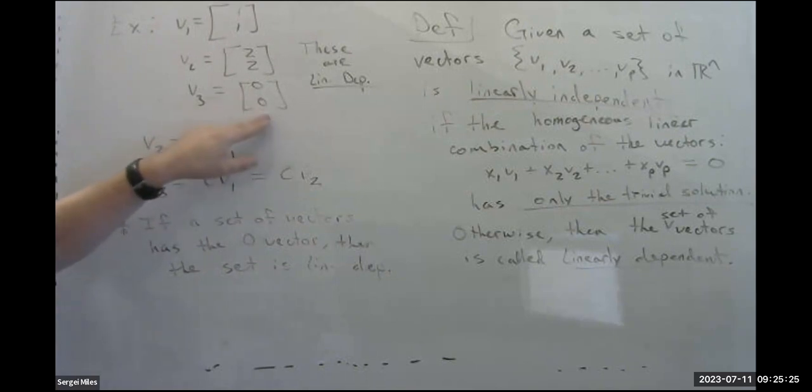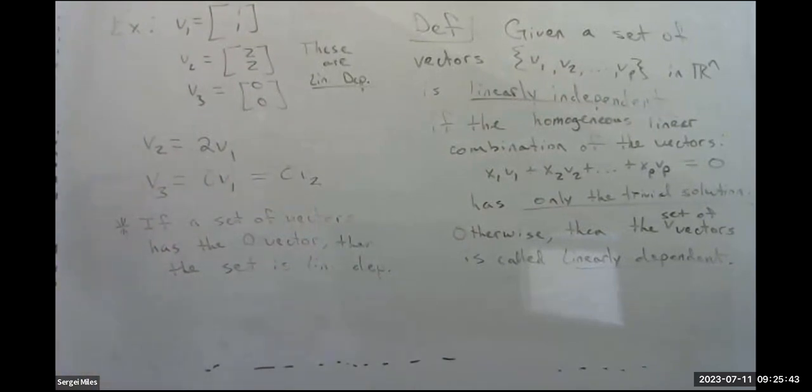And so this is going to have a free variable for that column, right? And if you have a free variable, automatically, whenever you have a column of zeros, that means you're also automatically linearly dependent.